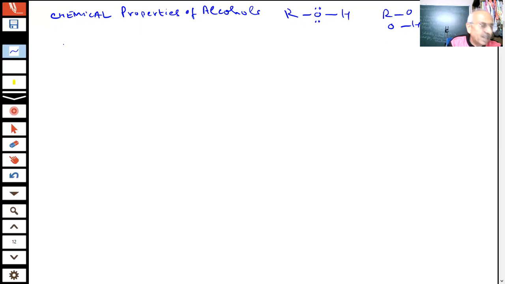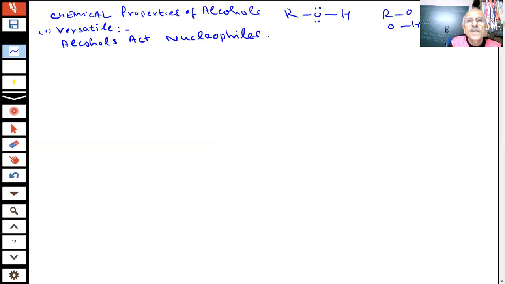The interesting thing about alcohols, student, is that they are versatile in the sense that they can behave as electrophiles as well as nucleophiles. So alcohols can act as nucleophiles or electrophiles.